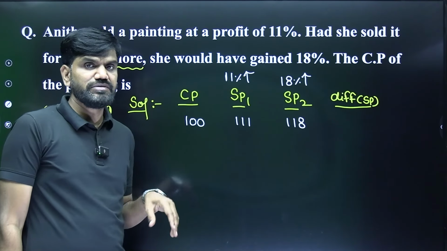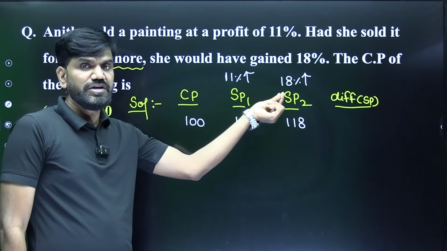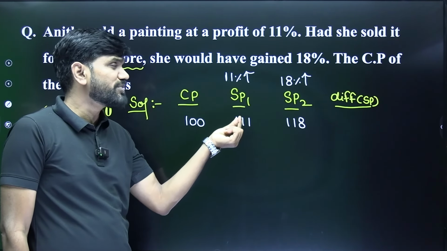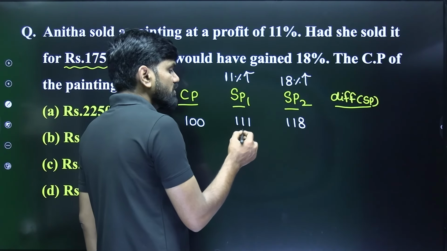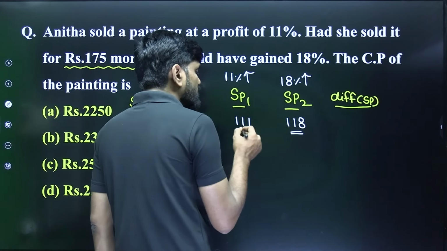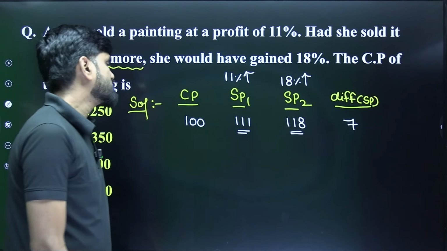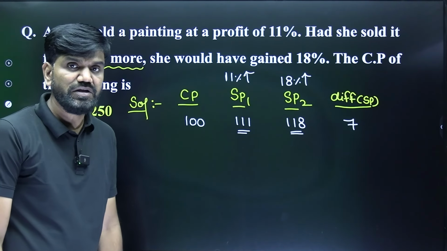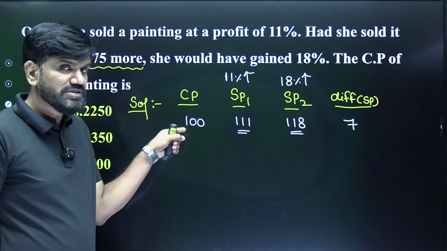According to our assumption, if the cost price is 100, to go from 11% gain to 18% gain, how much more do I need to sell it for? I was selling it for 111, and I need to sell it for 118. So I need to sell it for 7 more. The difference between the selling prices would have been 7, provided the cost price is 100.